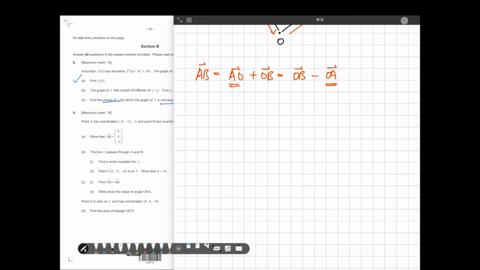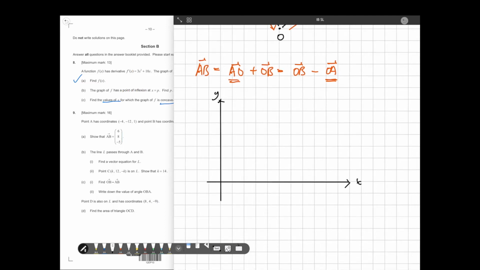And we also have learned about the equation of a straight line. Okay, that is x, and then that is y, and we have a straight line. It's like this.